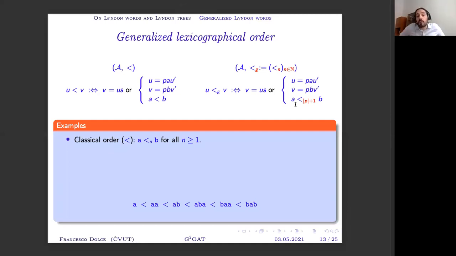Of course, if we take the same order everywhere, then we just find again the definition of a classical order. So if A is always more than B, then there is no difference between this lexicographic order and the classical one.